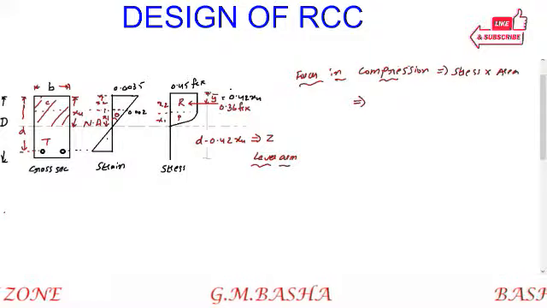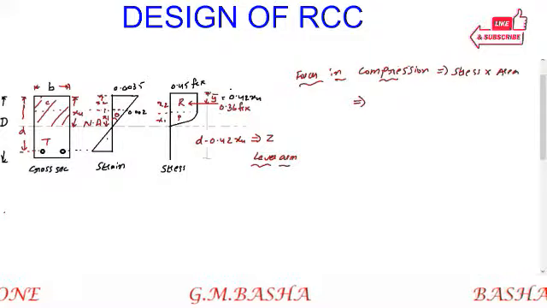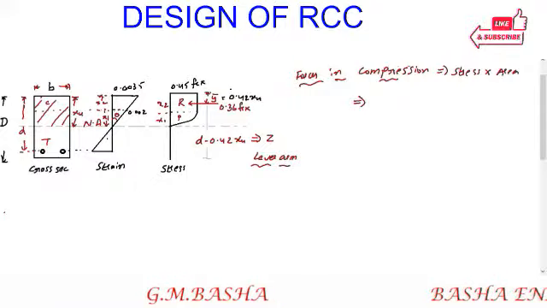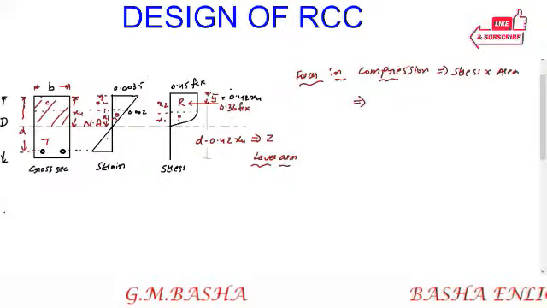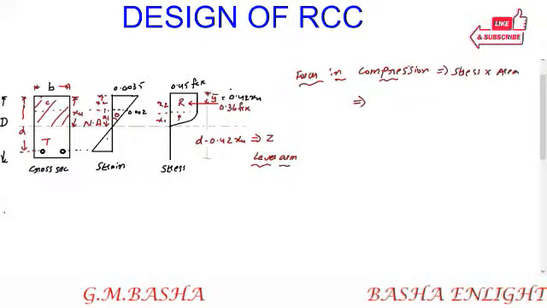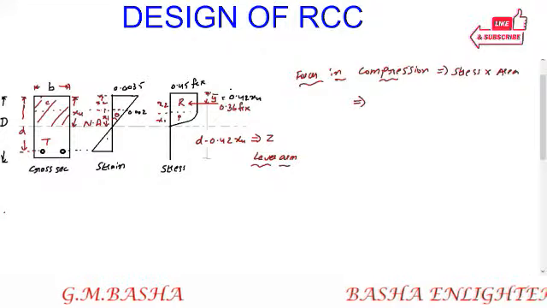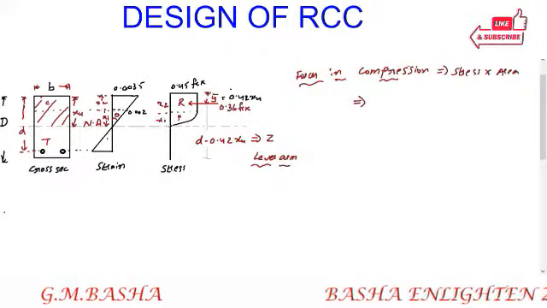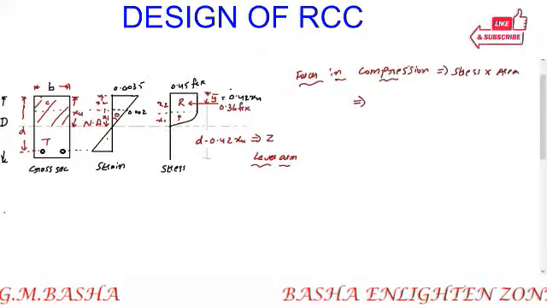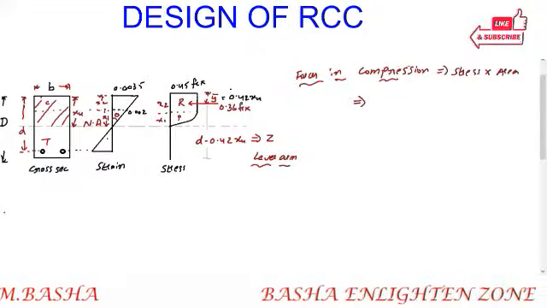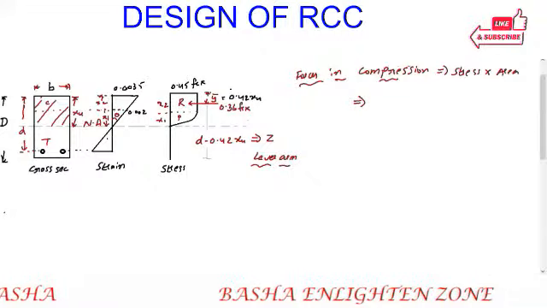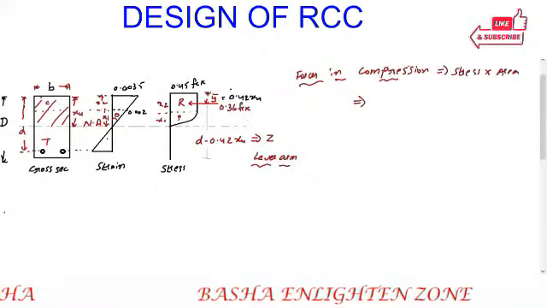So the area of the stress block will be 0.36 fck into xu, the overall area I told you. Here stress is 0 at the neutral axis position, and the design strength we are taking is 0.45. If we find it based on the area, you will get 0.36 fck, which is the average stress here.